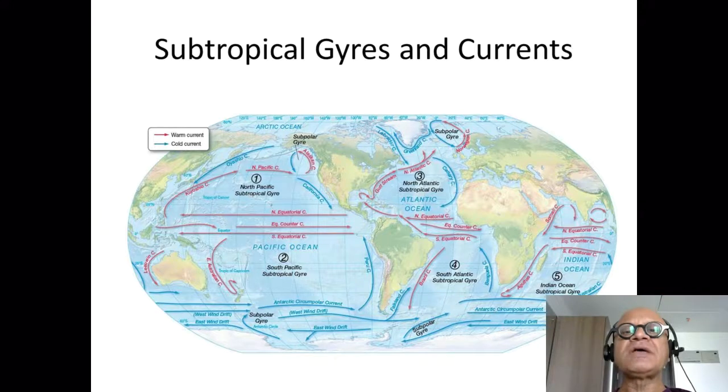Very nice concepts, they sound complicated, but actually they are quite simple, so you should watch these as many times as you need to make sure you understand the concepts, because western boundary intensification is going to be one of the most important concepts in oceanography that you will learn.